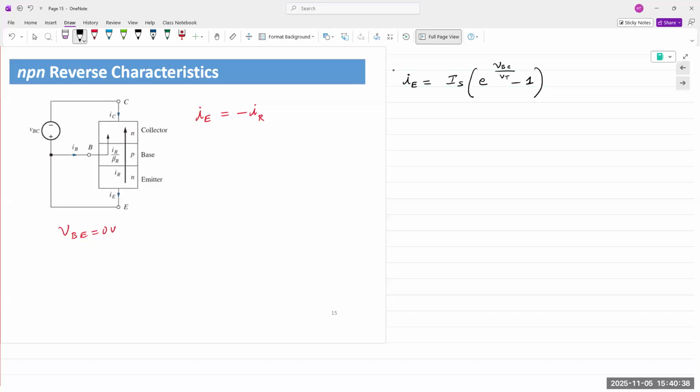And then from this, we can also write an expression for IB similar to how we did for C.